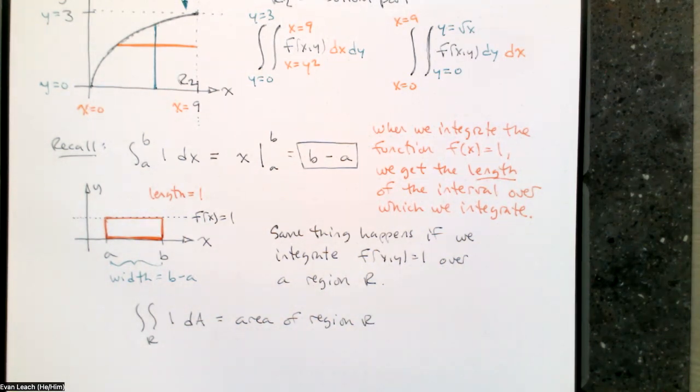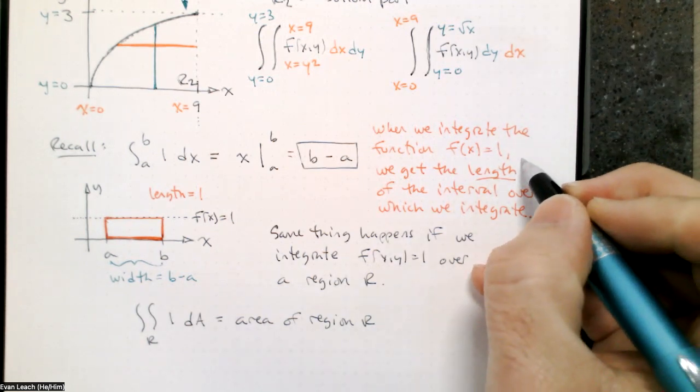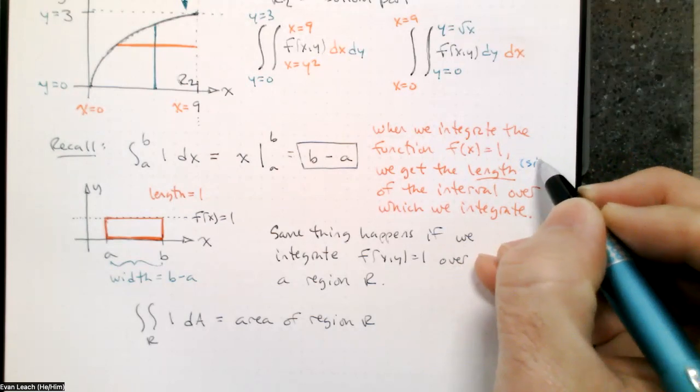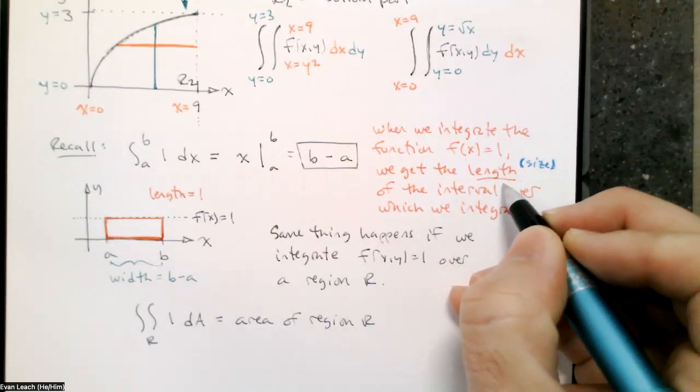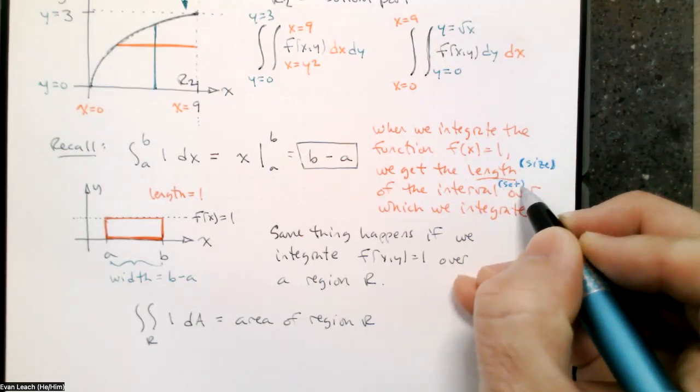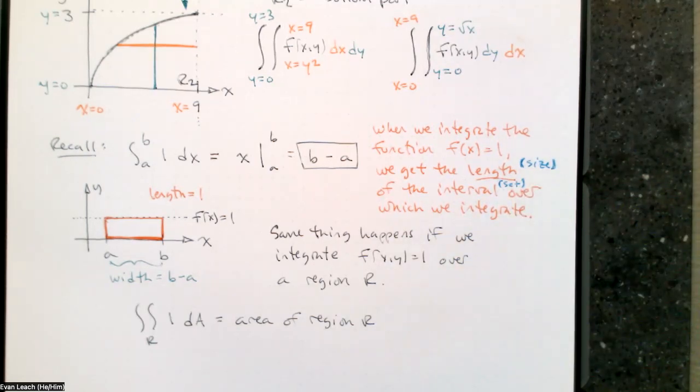So I guess it's not quite the same thing that happens. We didn't get the length of the interval because we're not integrating over an interval. So we get the size of the set over which we are integrating. So instead of saying length of the interval, we get the size of the set over which we are integrating.